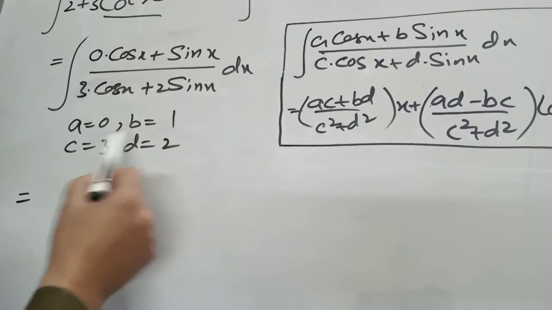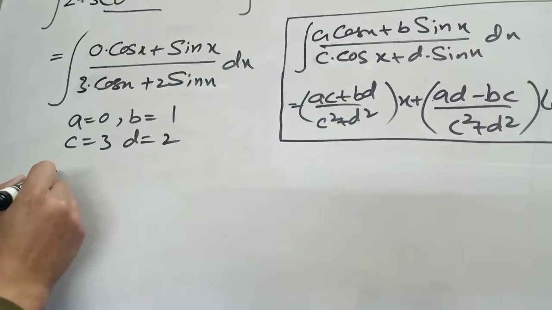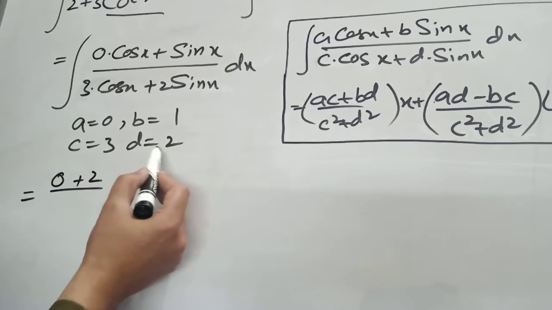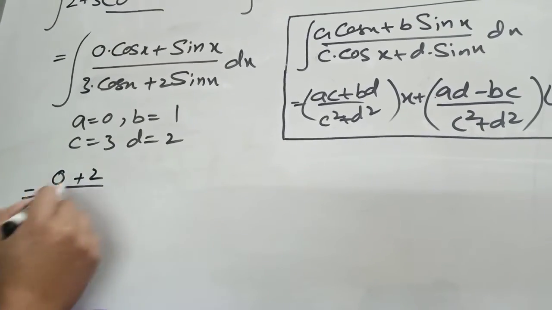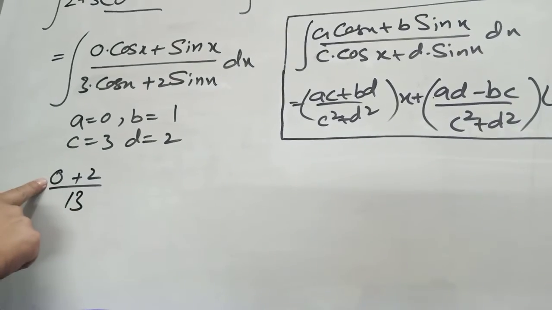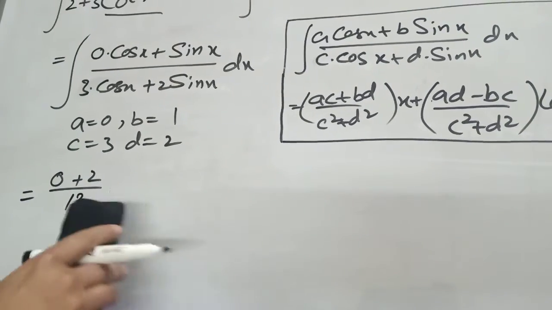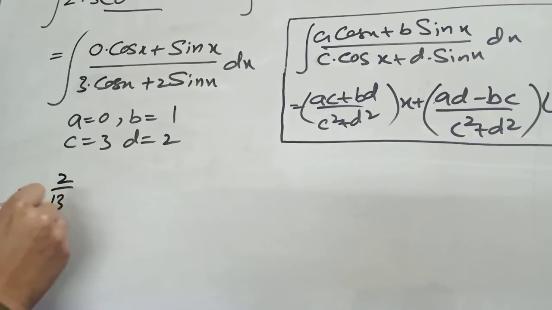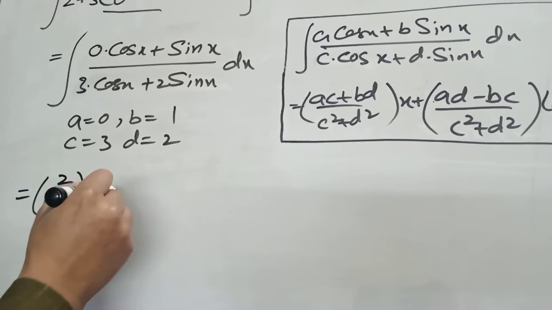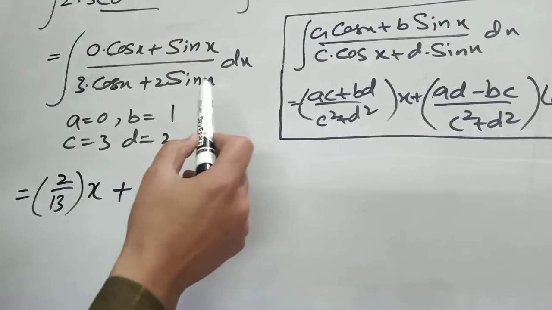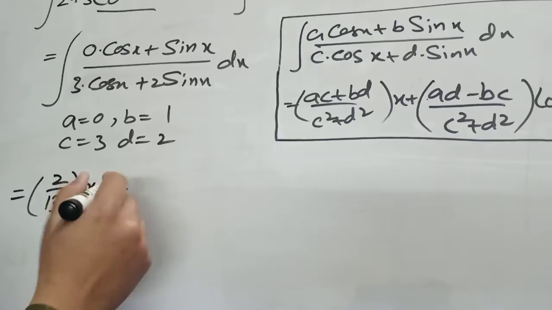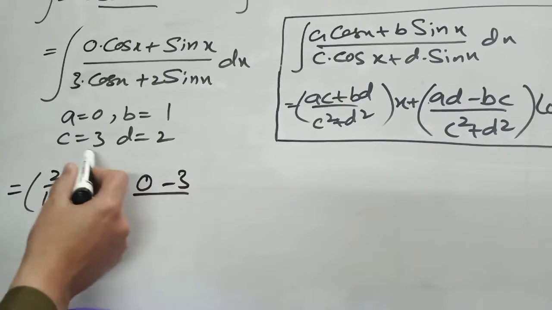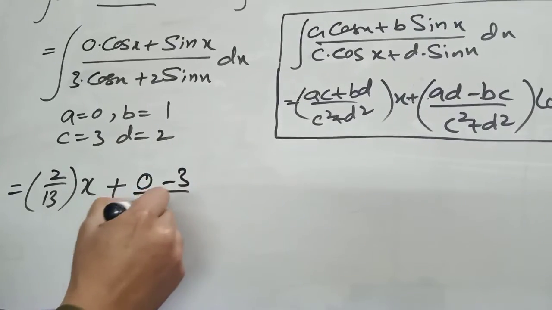Now we will replace these values in this formula, and we will get 0 plus 2 over 3 square plus 2 square, 9 plus 4, it will be 13, and 0 is useless, you can write this value like 2 by 13, multiplied by x, plus now we will multiply diagonally, 0 minus 3 divided by again 3 square plus 2 square, it will be 13.